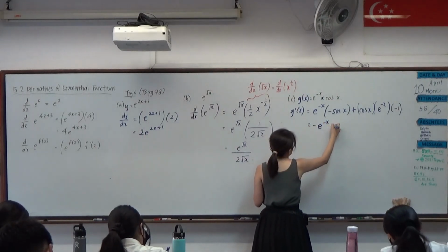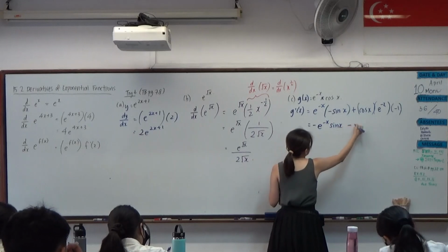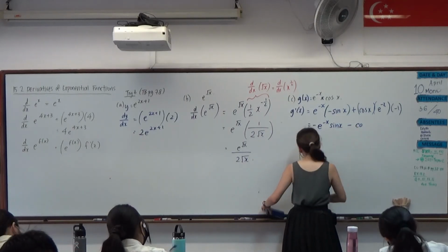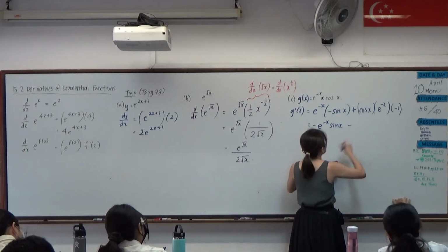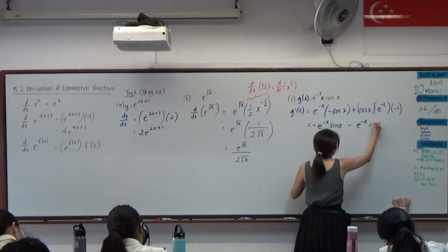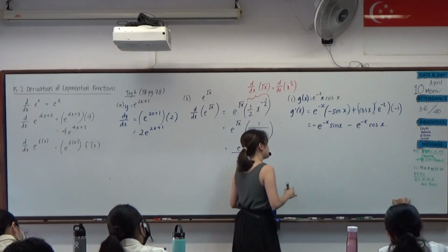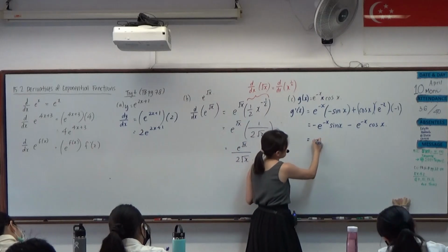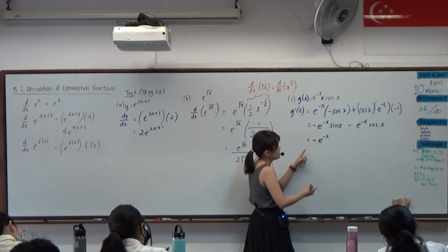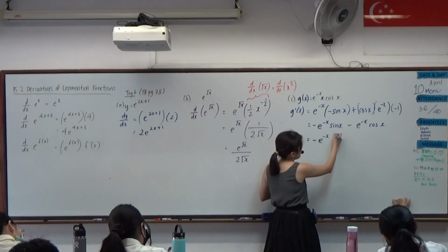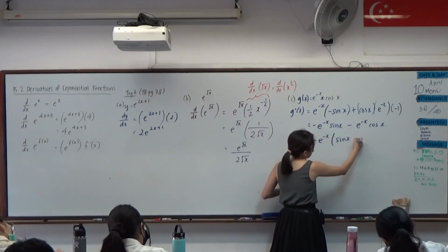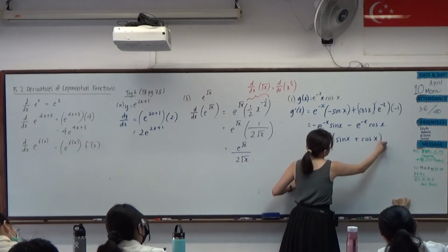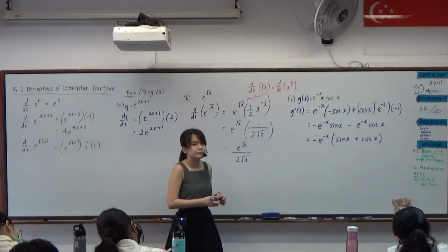Upon simplification, this would be what we get. But if you like to, we can continue to factorize. We can factorize out the negative e to the power negative x. That will leave us sine x plus cosine x.